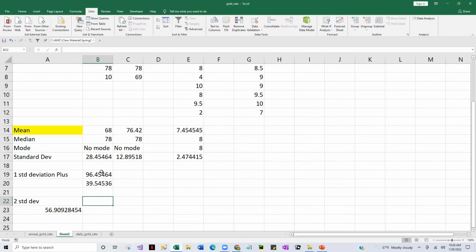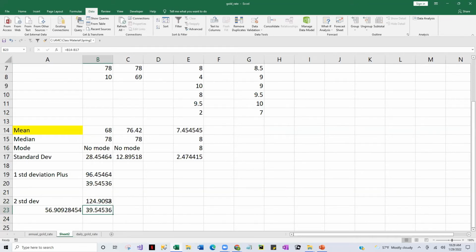So my high range is going to be the mean plus 2 standard deviations, and my low range is going to be the mean minus. So this is what statistics is saying: your range for 95% of your data is going to be between 124 and 39.